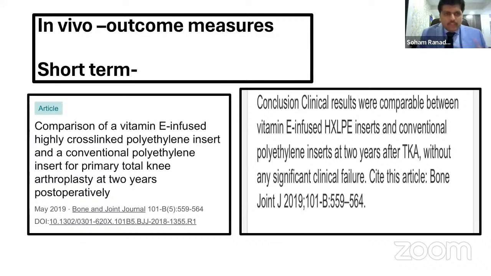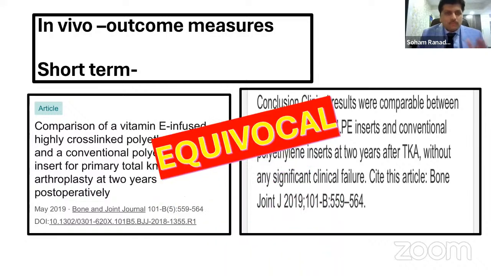In short-term in vivo outcome measures, the articles which I could find gave no change between vitamin E soaked polyethylene as opposed to conventional polyethylene. Both outcome measures were equal for short-term duration up to 5 years. However, there are still no long-term studies for polyethylene with vitamin E compared with conventional for total knee arthroplasty.